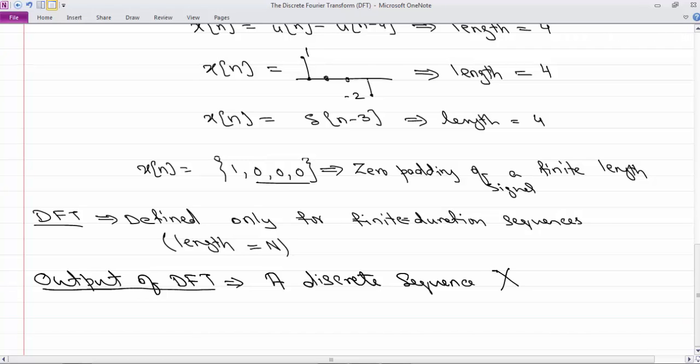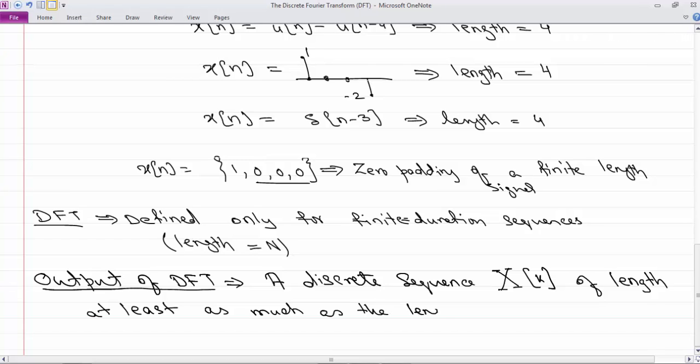We'll write it as capital X, and the index we will use is k, of length at least as much as the length of the signal.